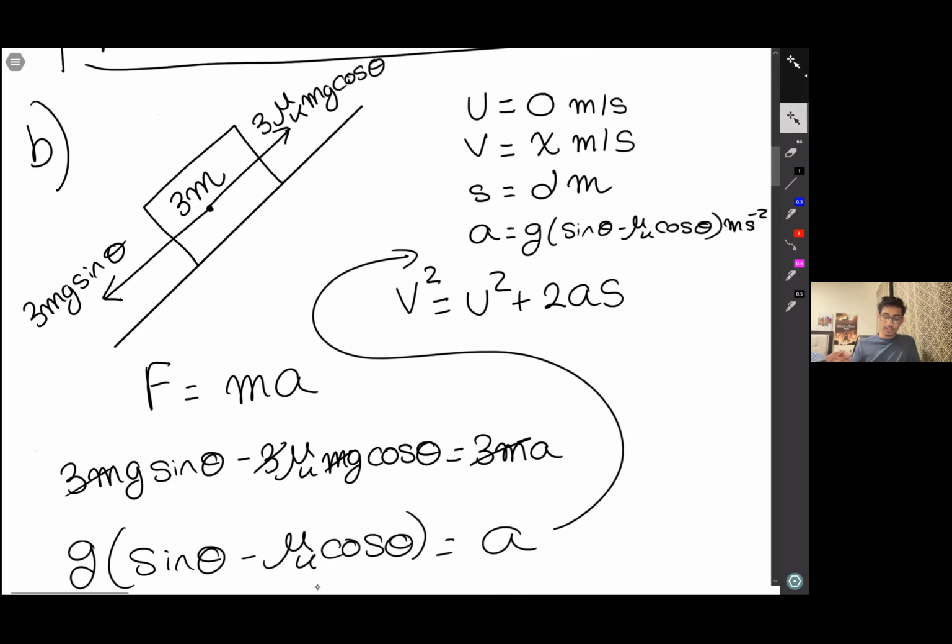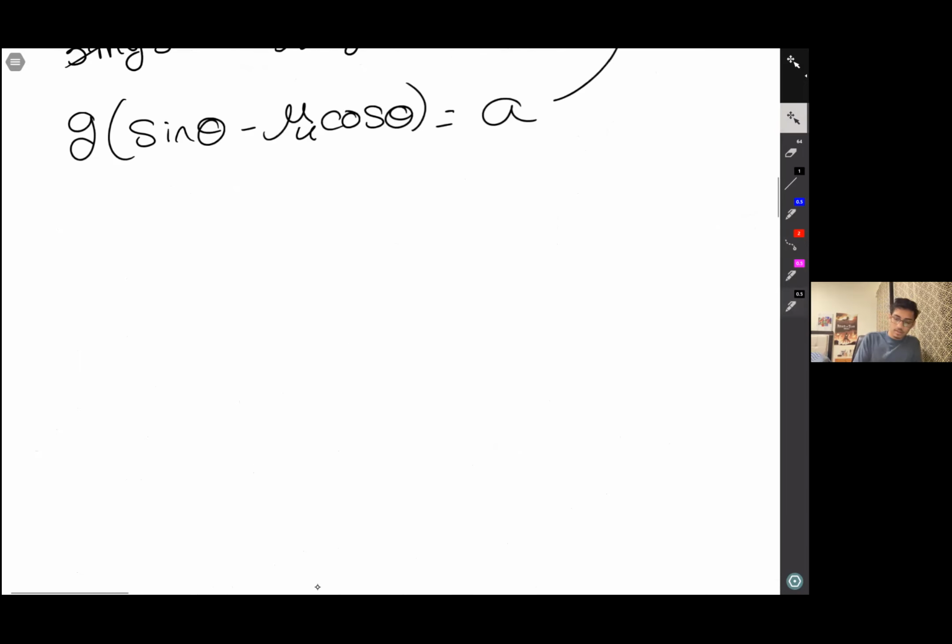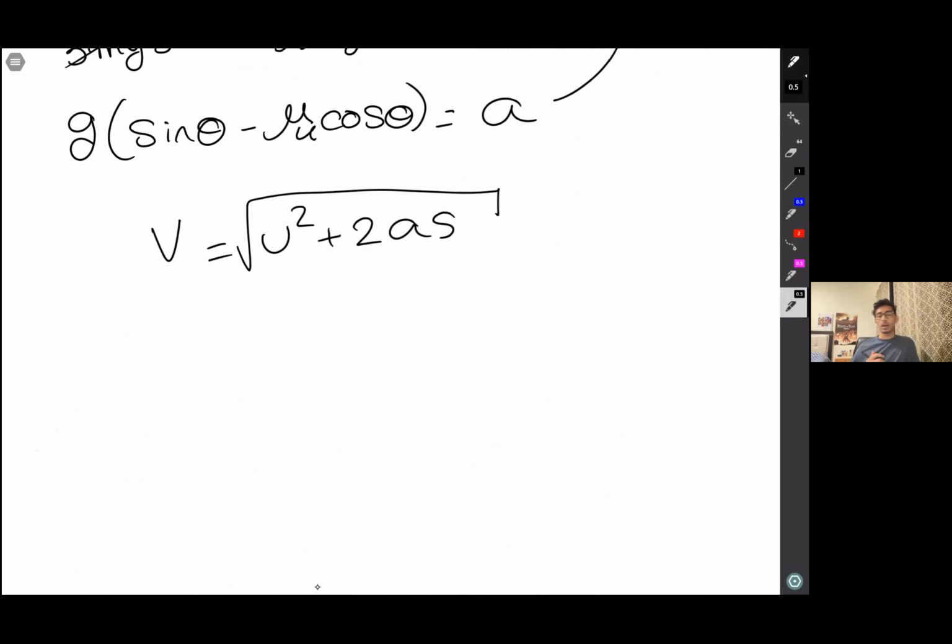So let's use all of this and substitute back into this equation. v squared is equal to u squared plus 2as, or v is equal to the square root of u squared plus 2as. We saw that u was 0 because at time t equals 0, they're still going to exhibit static friction. So just after that, it's going to be kinetic friction, which starts to move. So u will still be 0. So cut that out. So v will basically just be the square root of 2as.